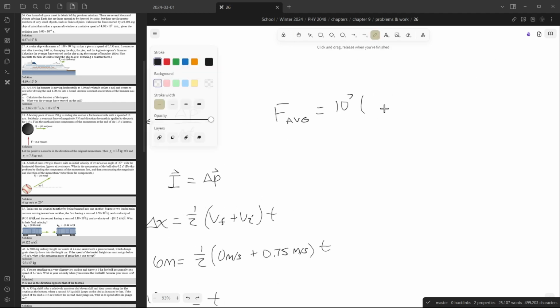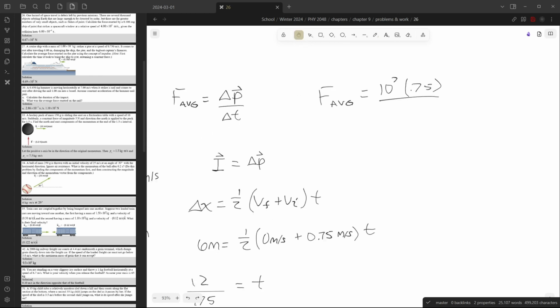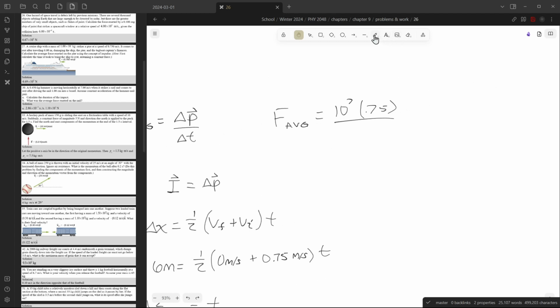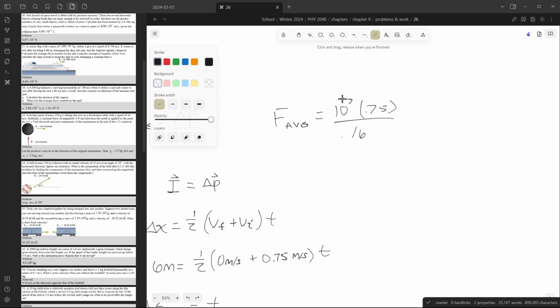It's going to want our initial before impact. And then the amount of time it takes to stop, so 16 seconds. I'll drop the units for that. And this should give us our solution.